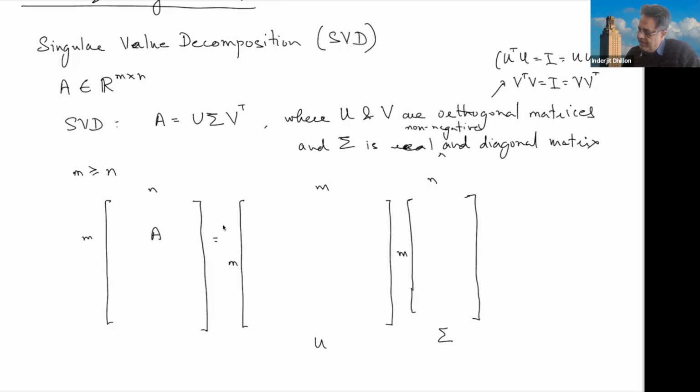And then my V transpose is N by N. So note that U and V are square matrices.